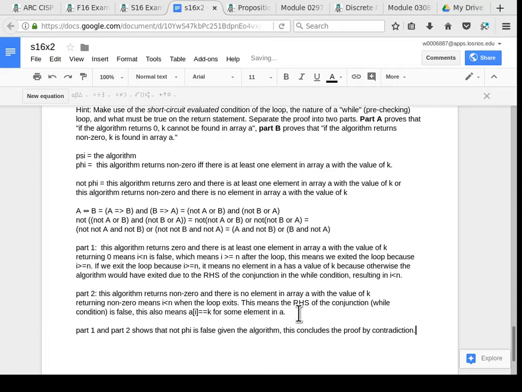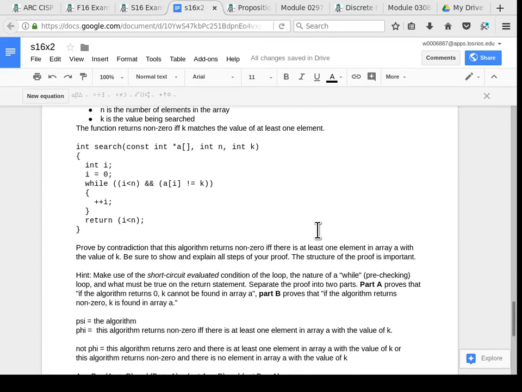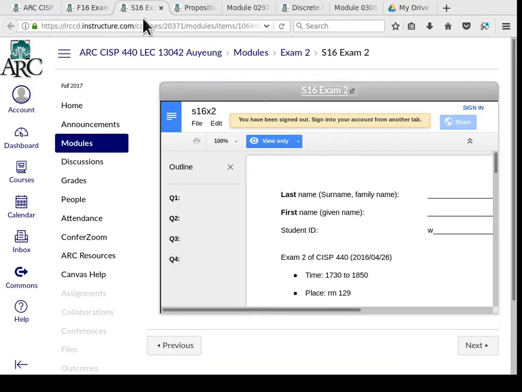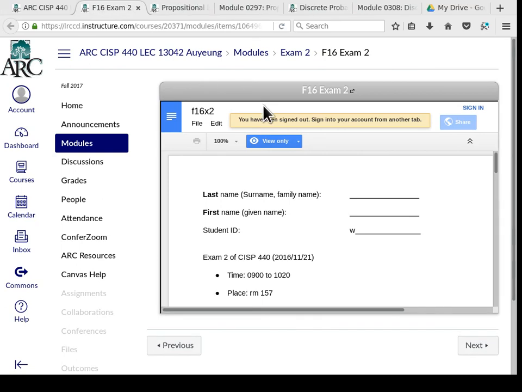So there we go. That's the proof by contradiction in this particular test. I think this is the proof by contradiction of spring 16. So now we get rid of spring 16 and we'll take a look at fall 16.